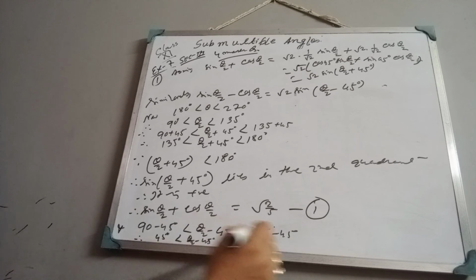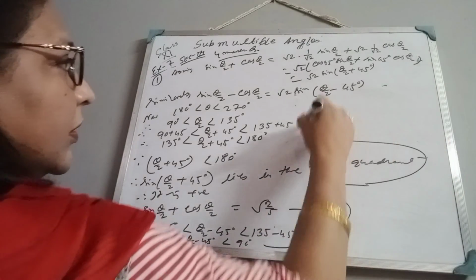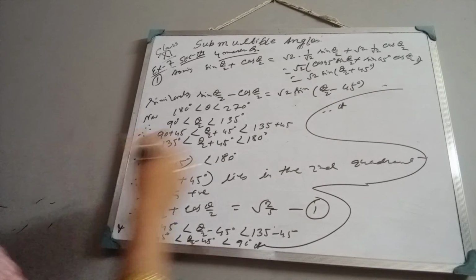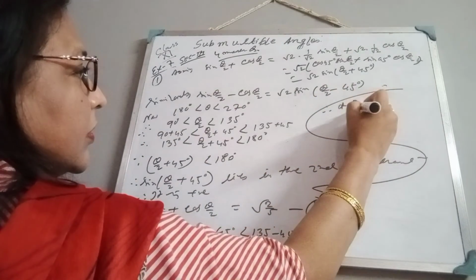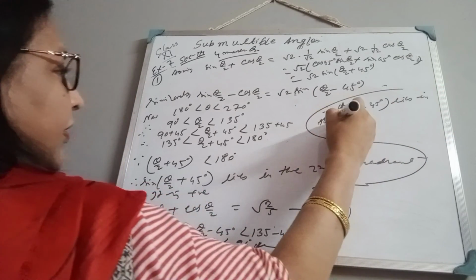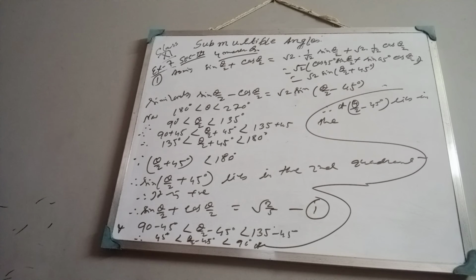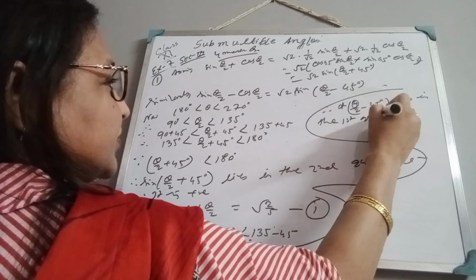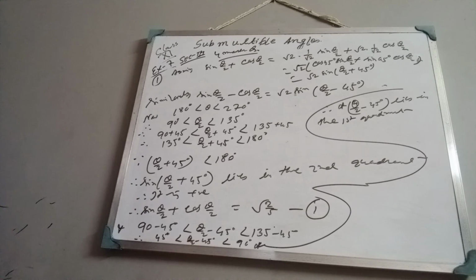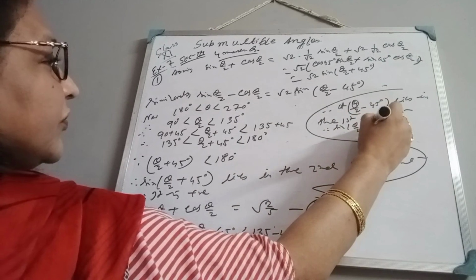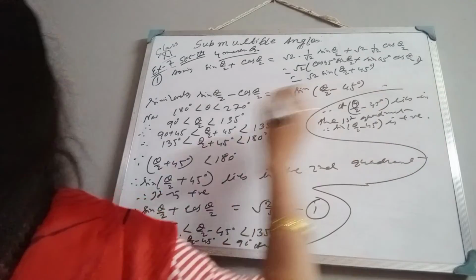Therefore θ/2 minus 45 degree lies in the first quadrant, and we know in the first quadrant all are positive. Therefore sin(θ/2 − 45 degree) is positive.